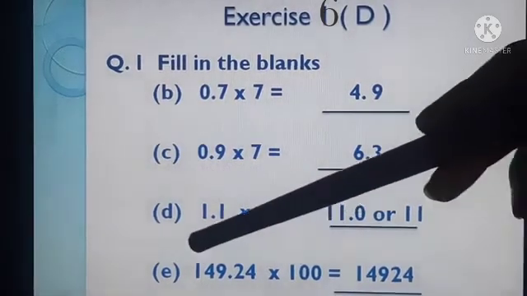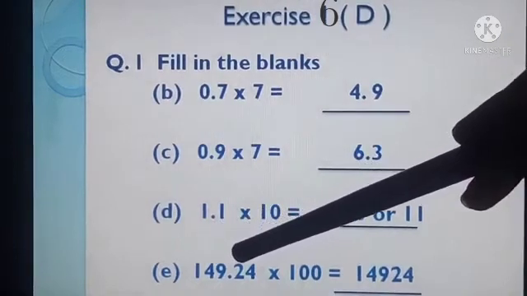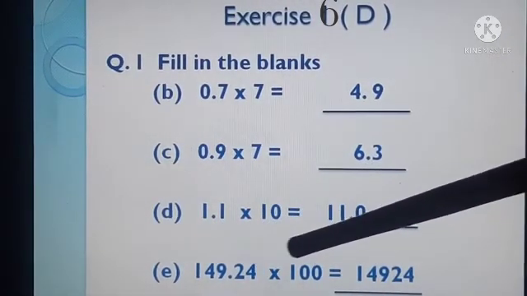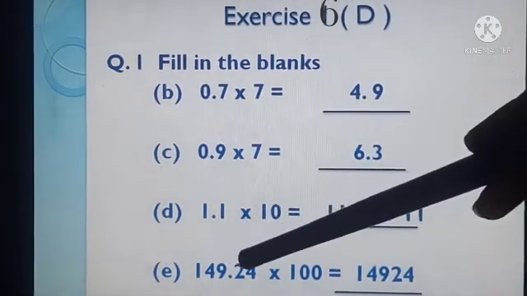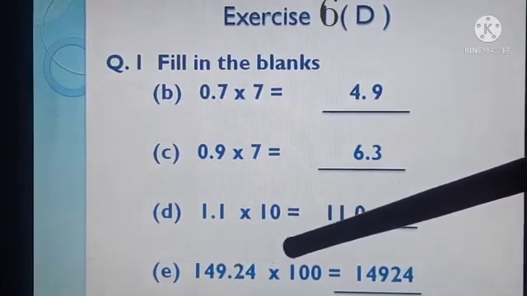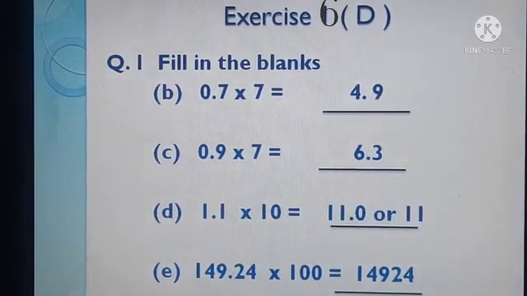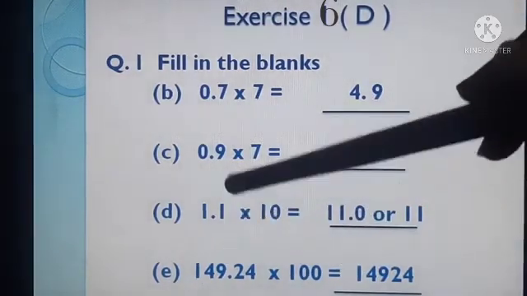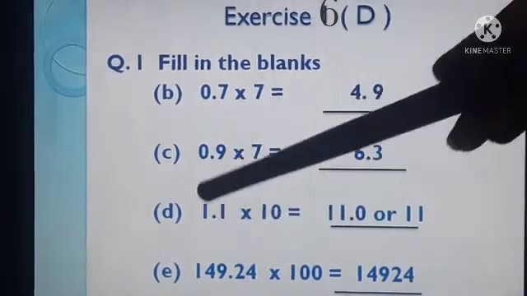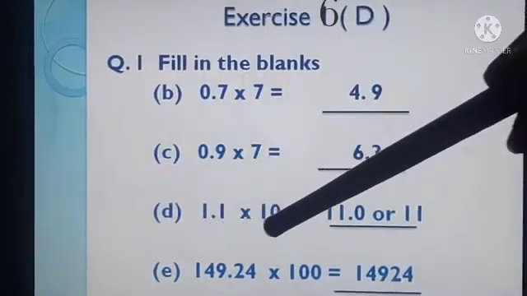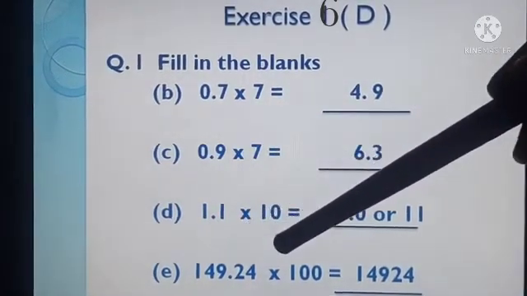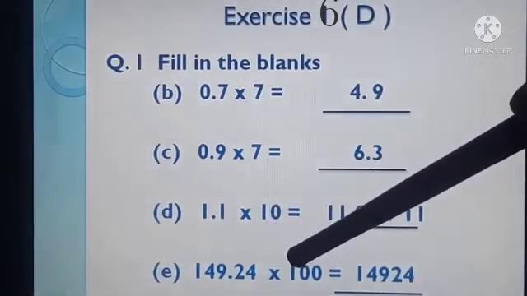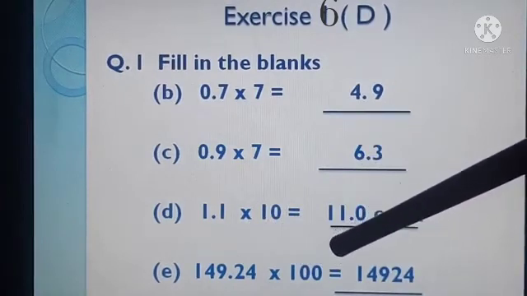Right? Next part, 149.24 multiplied by 100. So, we can do this multiplication orally also. Remove this decimal and do simple multiplication. And you know, when we are multiplying it with 10, 100, 1000, we will simply write down the zeros in our product.